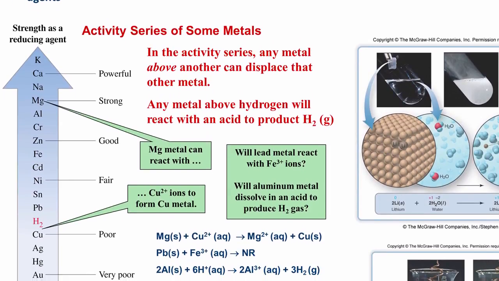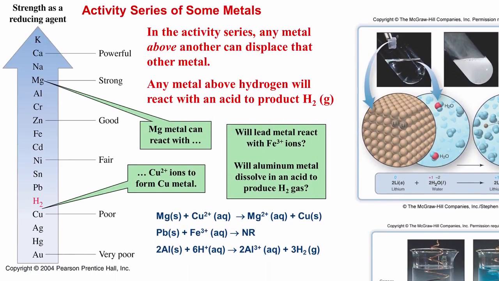So this is where the activity series of some of the metals comes into play. In this activity series, we see that the metals are ordered according to their strength as a reducing agent. At the top are stronger reducing agents than those towards the bottom.